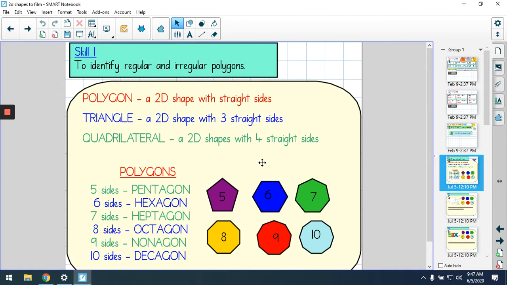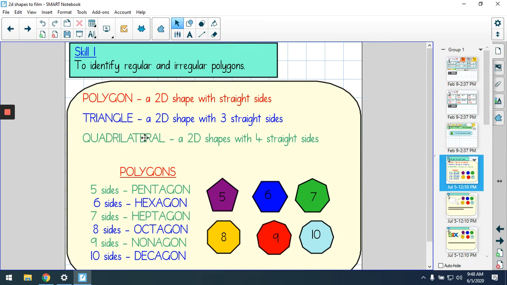Now here we have got what we call regular polygons. Regular polygons are 2D shapes which all have sides that are of the same length. So you can see, we name a triangle as a shape with 3 straight sides. A quadrilateral is a shape with 4 straight sides.